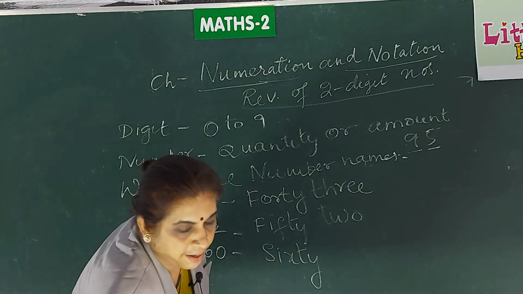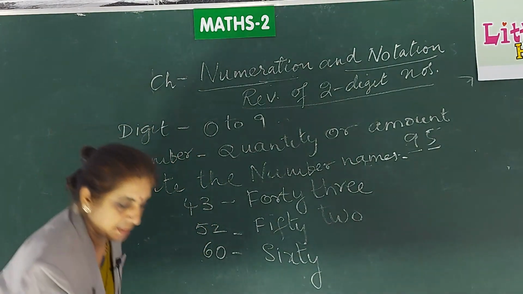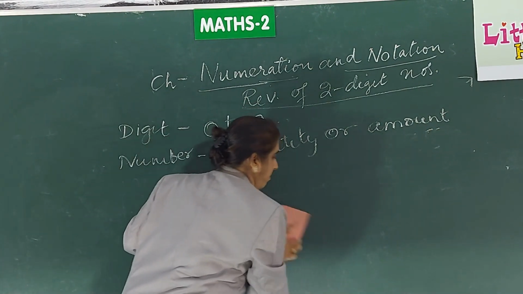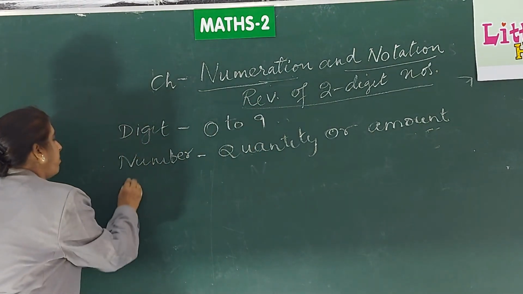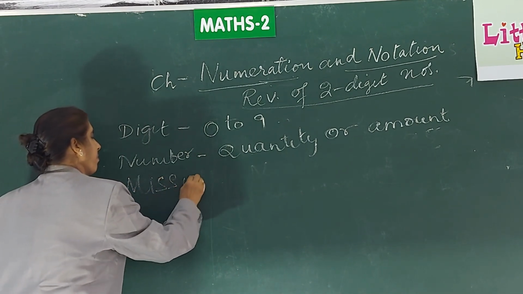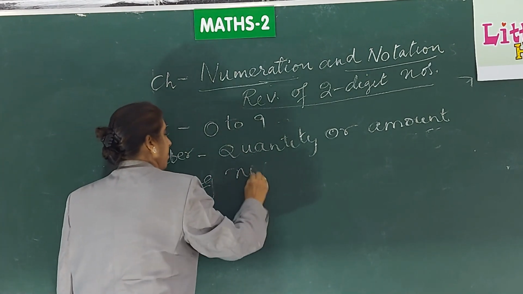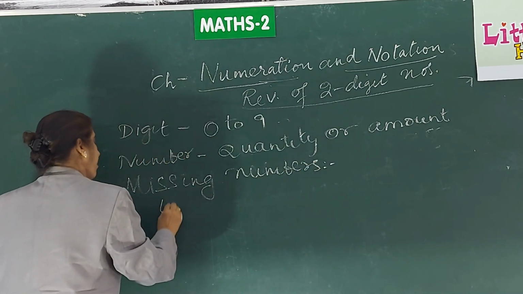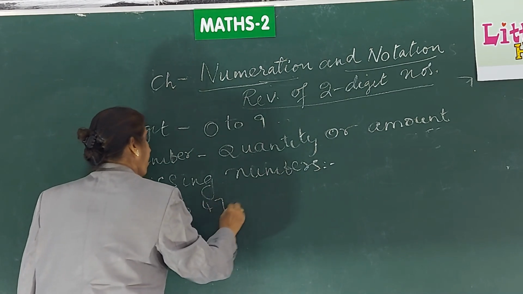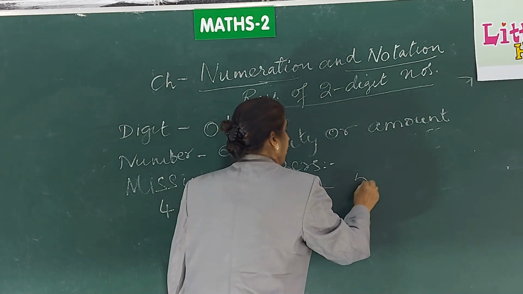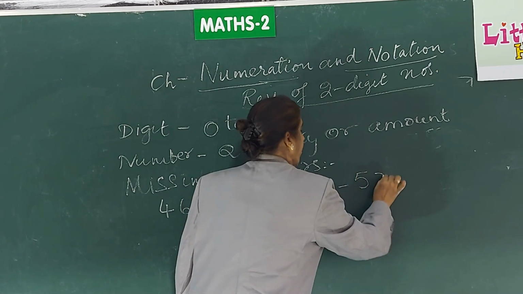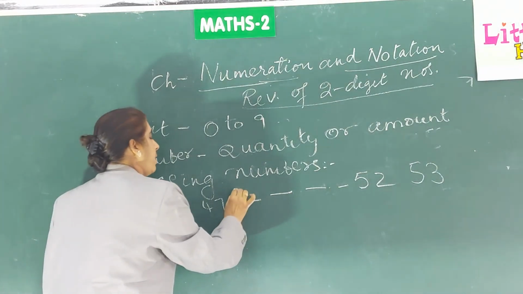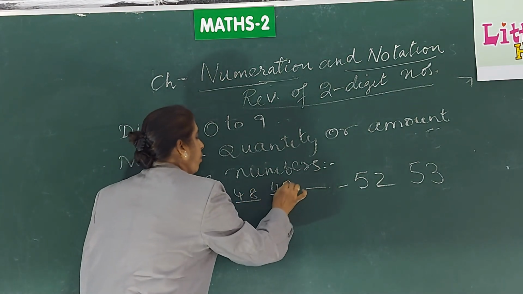Now, let us write the missing numbers in a series. 46, 47, 48, 49.